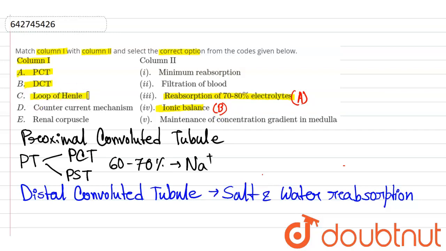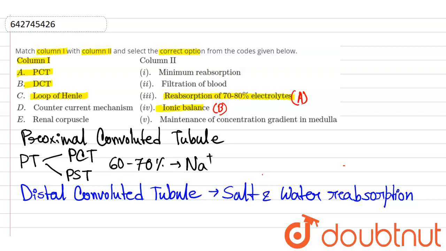So loop of Henle is a long U-shaped portion of the tubule that conducts the urine within each nephron of the kidney. The primary function of the nephron loop is to generate an osmotic gradient that enables the collecting duct to concentrate the urine and conserve water.